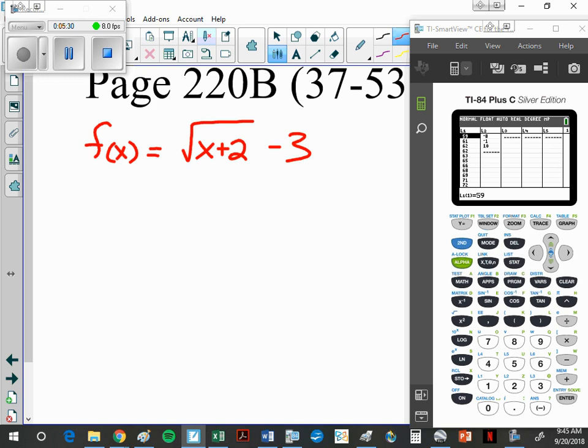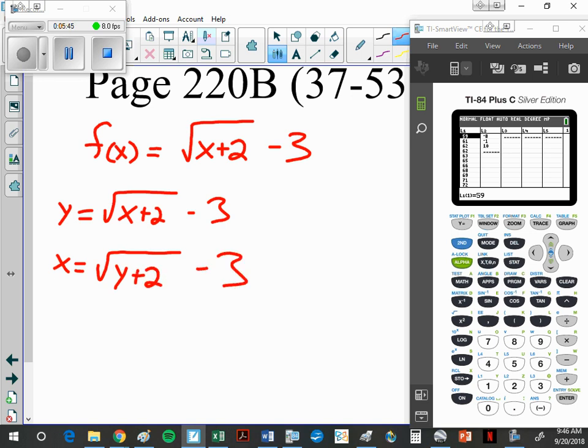Well, I get y equals the square root of x plus 2 minus 3, and I can invert: x is equal to the square root of y plus 2 minus 3. And actually, that's not what I wanted. Let's change that to a minus 2.